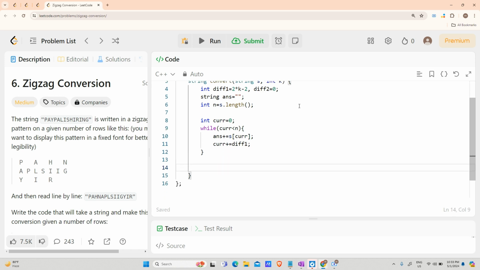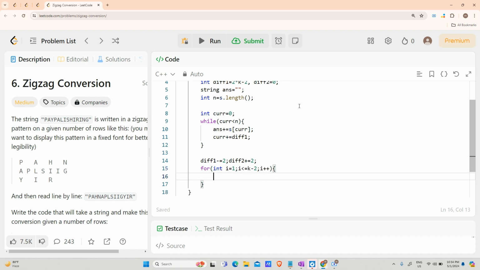Now for the second rows which contain two types of differences, I will say my diff1 is subtracted by 2 and my diff2 is incremented by 2. Now for int i going from 1, i less than equals to k minus 2, because the last row also I will have to deal with, i plus plus. What will I do?